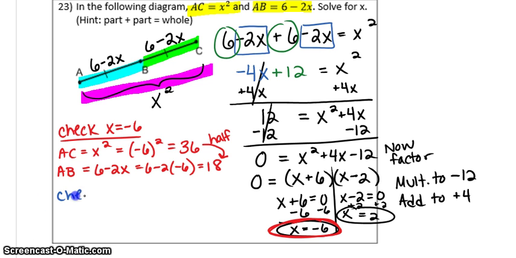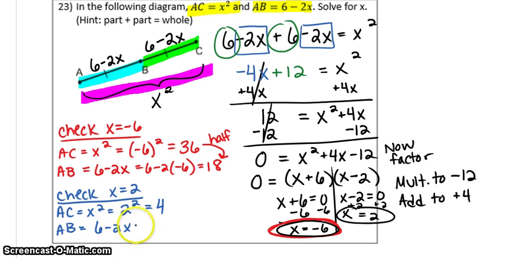The other solution, x equals 2, might work, but it also might need to be rejected. We have to explore a little bit. So let's plug x equals 2 in for x squared. 2 squared is 4. And let's also plug in x equals 2 into the other expression, 6 minus 2x, which in this case will be 6 minus 2 times 2, which is 2.